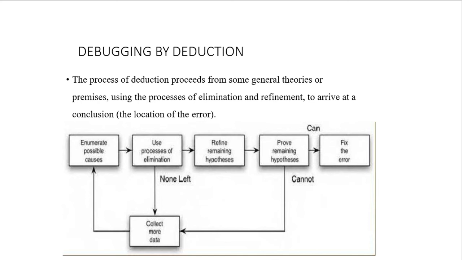Then from one data item, we make an assumption, then check whether the assumption can be proved or not. If the assumption is successfully proved, then finally fix the error. Otherwise, collect the next data from the collect-more-data pool. Then repeat this procedure until we fix the error.